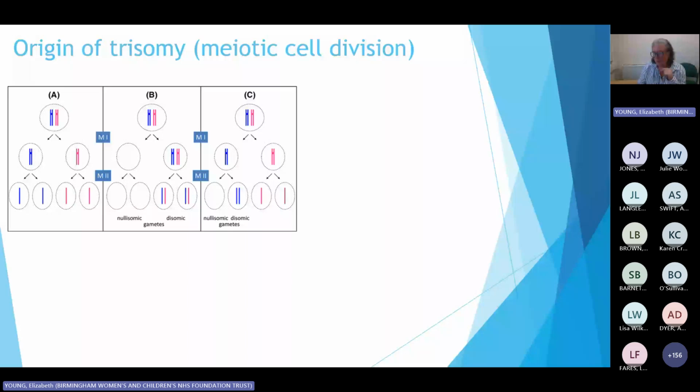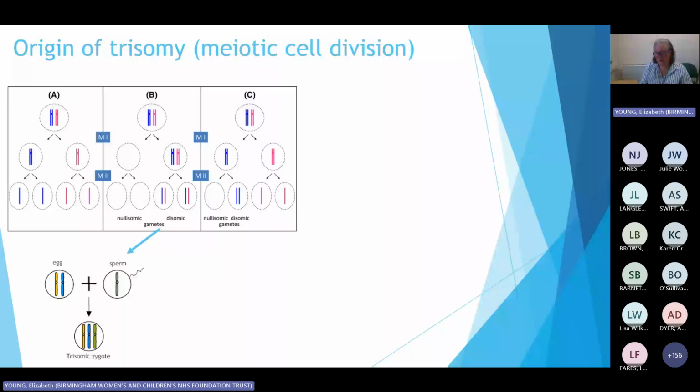The problem with this is if you've got those gametes that have been caused through an error in meiosis 1, the 2 chromosomes are going to be different. This is really complex and I'm trying to make sure I explain it properly. If the error has occurred in meiosis 1, you're going to end up with 3 different chromosomes in total in your zygote. 2 from mum and 1 from dad.